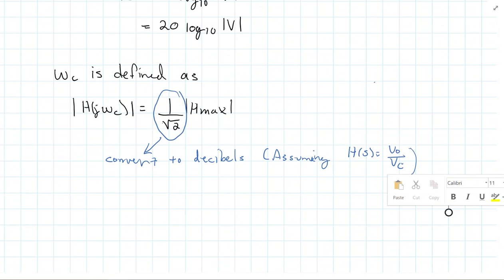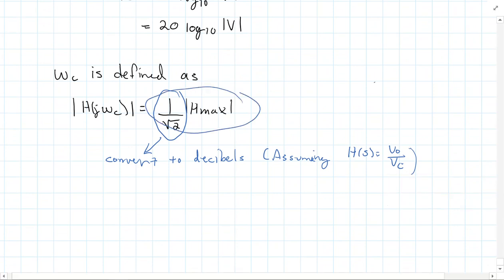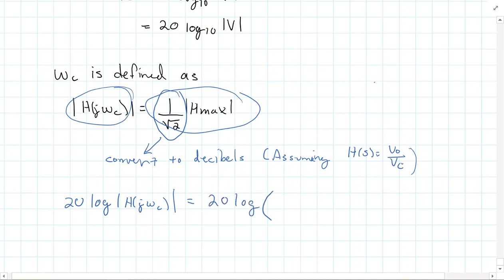So I'll convert this whole thing to decibels. We'd have 20 log of the magnitude of H at j omega c, which is equal to 20 log of 1 over the square root of 2 times the magnitude of H max.